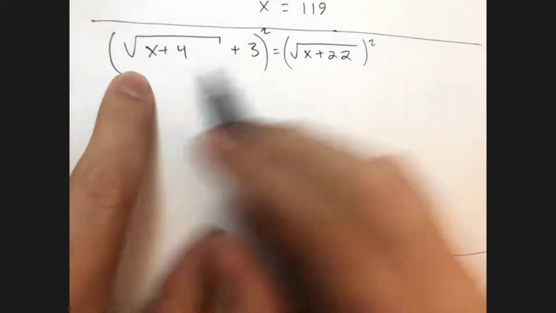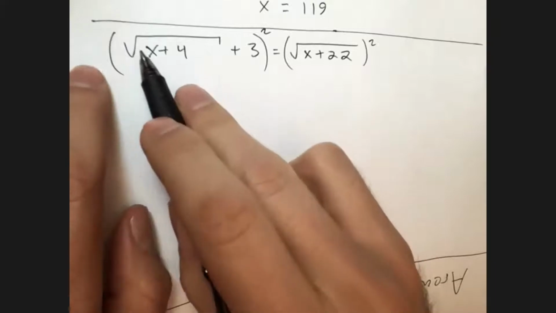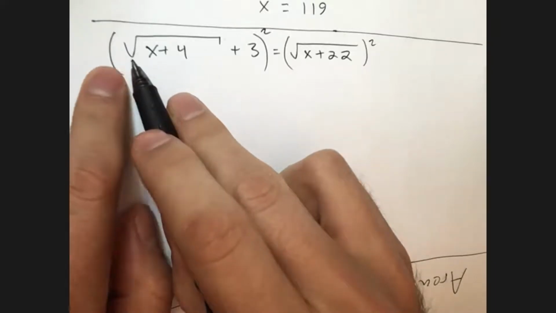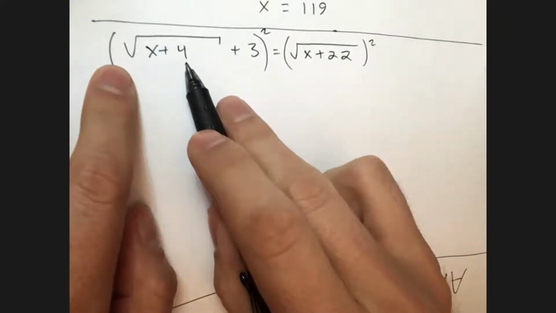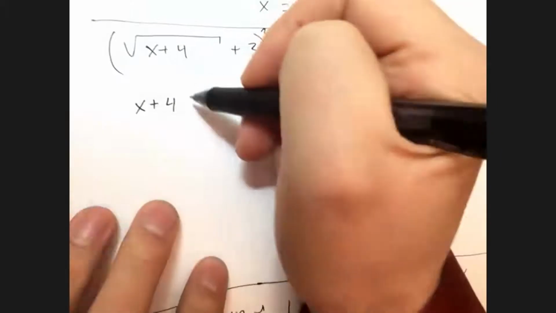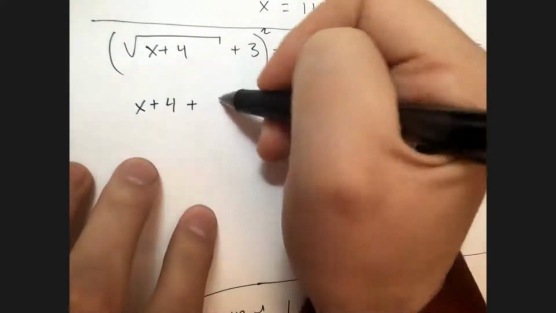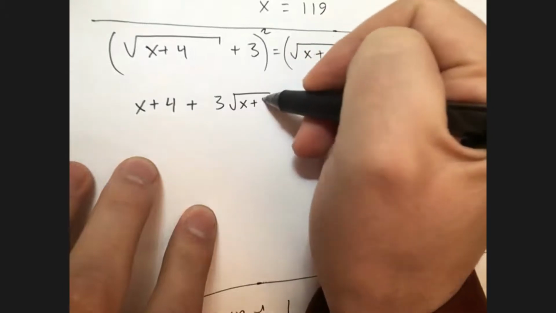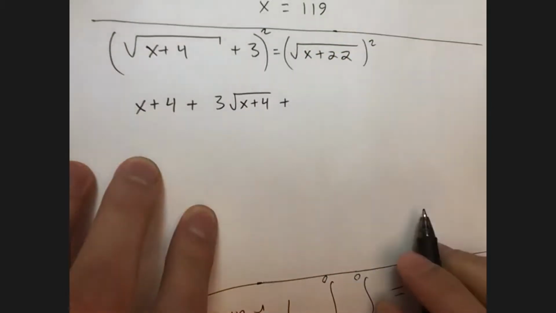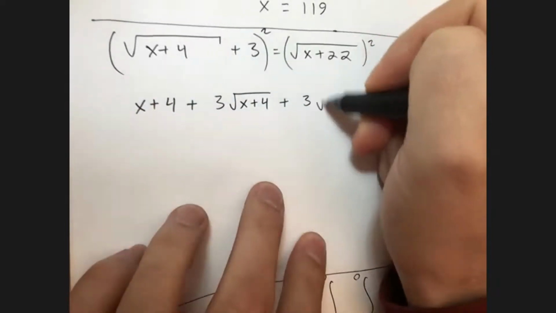On the left-hand side, when you square this, you're going to get root x plus 4 times root x plus 4. That's just x plus 4. Plus root x plus 4 times 3. Plus 3 times root x plus 4.